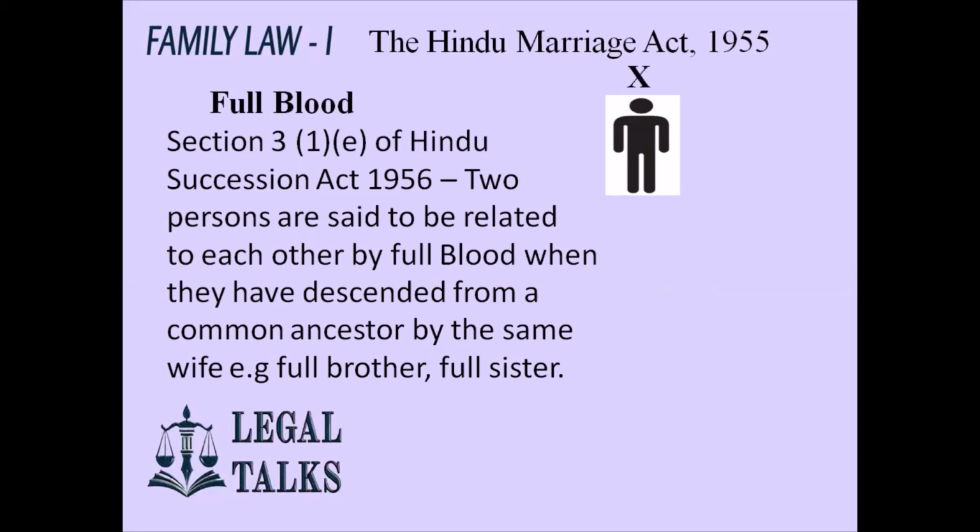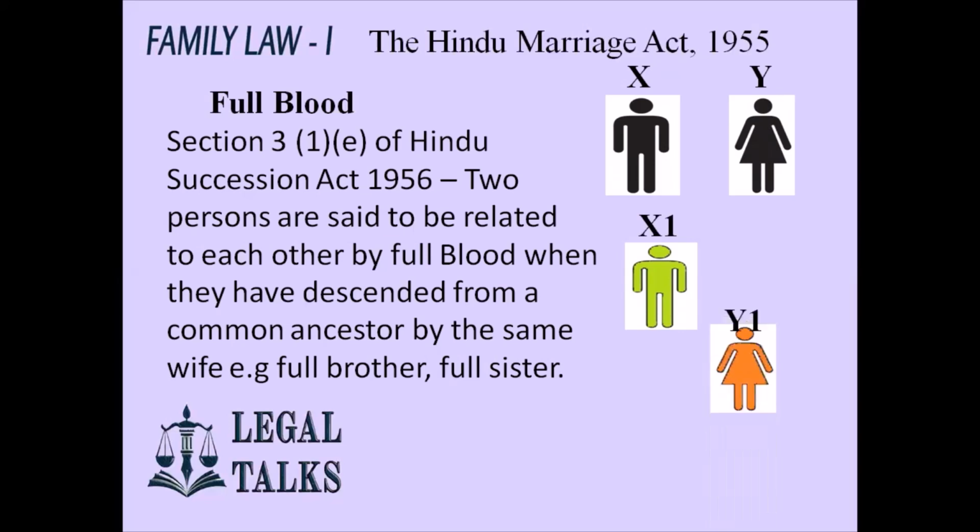Let us say Mr. X is a male who has married Miss Y. So X and Y are now wife and husband. After the marriage, they were blessed with a male child, let us say X1, and later on they were blessed with another female child, Y1.